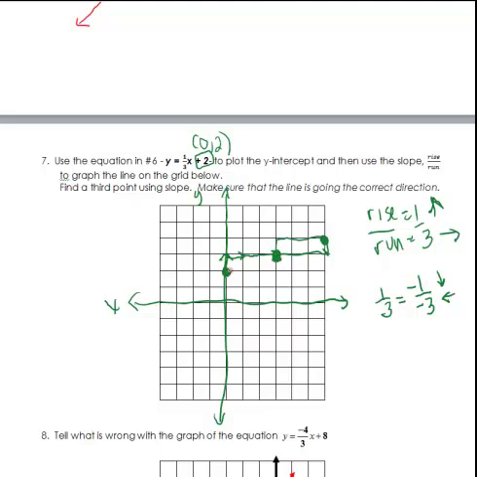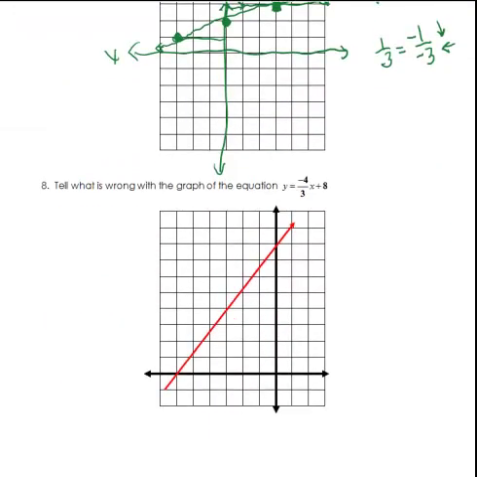Down 1 to the left 3, I'd be here. If I wanted to plot another point, I could go down 1 from my original point and then over 3. 1, 2, 3, and I'd have another point on my line. And then if I carefully try to connect them, it's a wavy line, but there's my line, right? So graphing using slope is very easy to do.